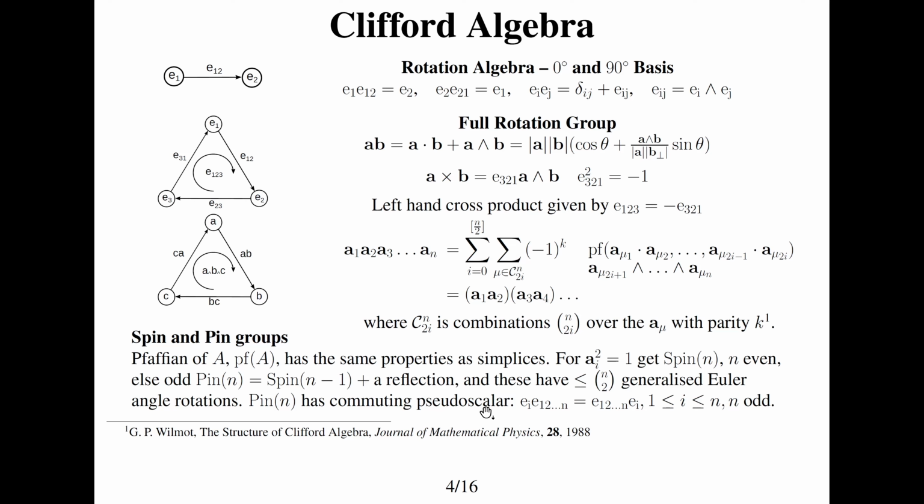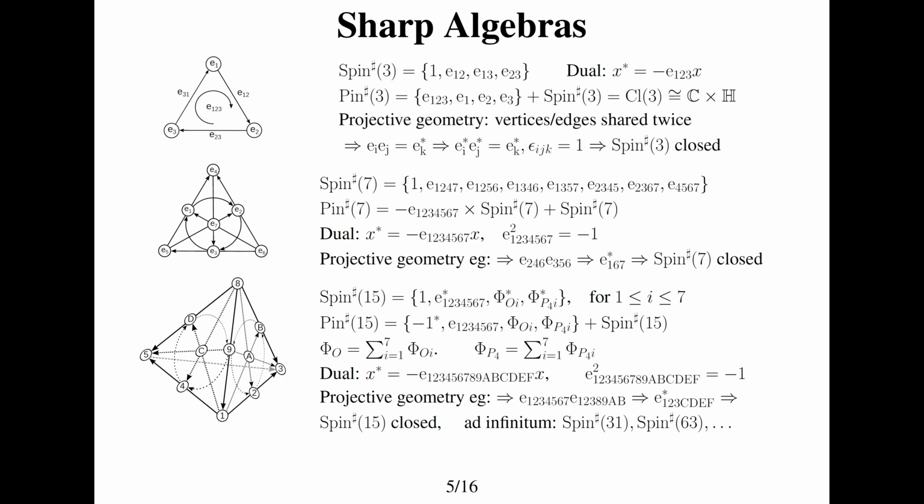So the pseudoscalar is a commuting element, and in certain algebras, it squares to -1, so it's an imaginary number. In 7 dimensions, it also squares to -1, and in 15 dimensions, it also squares to -1. So that means that these 3 simplices are very special.